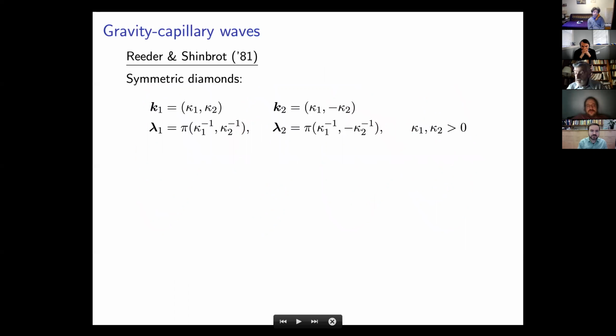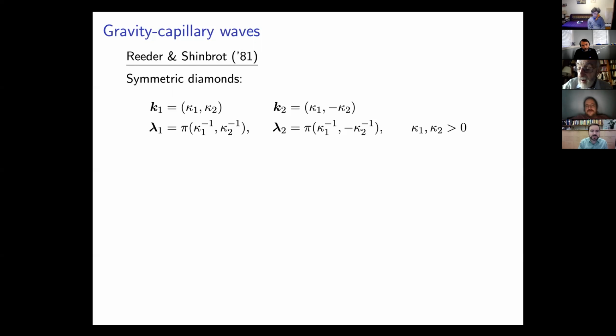Okay, so let me tell you a little bit about the existence theory for gravity capillary waves, so both with gravity and surface tension. In the pure gravity problem, I know there are former results doing Stokes type expansions, at least going back to the 50s. But the first rigorous existence results for the full water wave problem are by Reeder and Shinbrot.